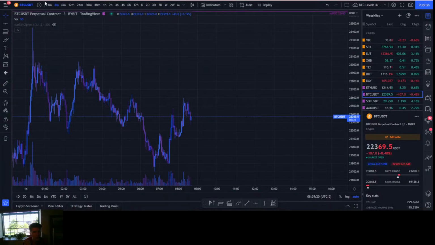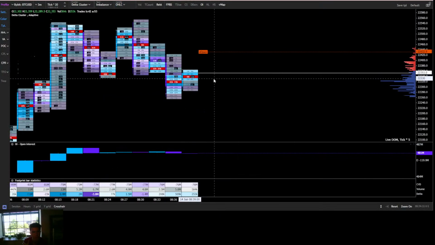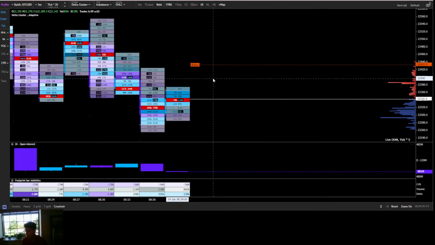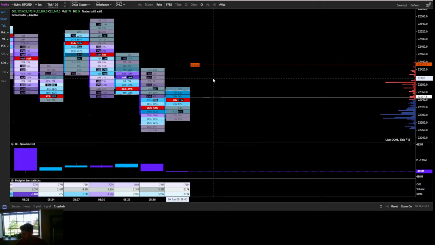But nevertheless, just looking at market structure very locally, nice uptrend, higher low, higher low, higher low. So again, it'll be interesting once that 9 o'clock comes around and we'll see what's going on.